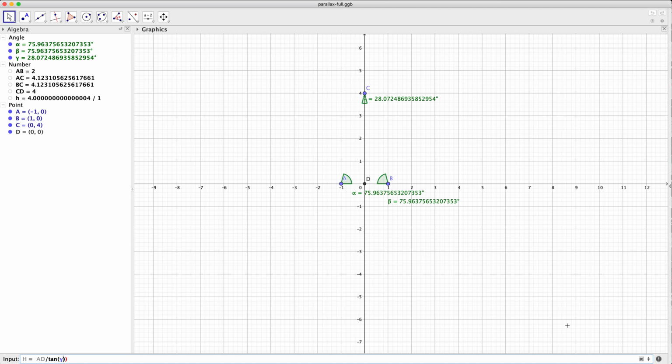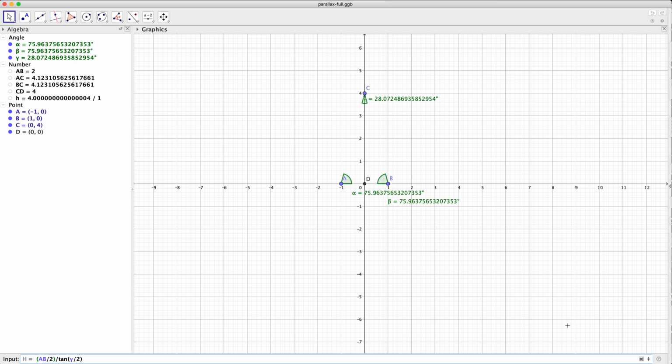Gamma over 2. And we'll just do AD over 2. And that would be, oops, not AD, AB. Because the idea is the isosceles triangle, point D directly below C, divides AB directly in half.